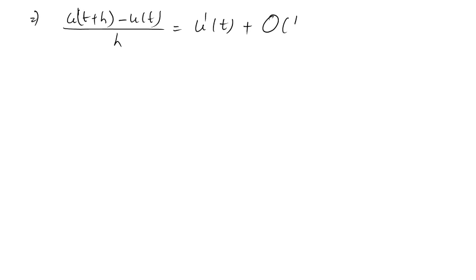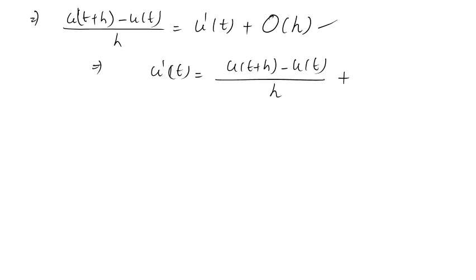So what I am getting finally, u of t plus h minus u of t by h equal to u dash t plus the remaining terms. In the remaining terms, what is the least power? H. So one can write u dash t equal to u of t plus h minus u of t whole by h, plus order of h.